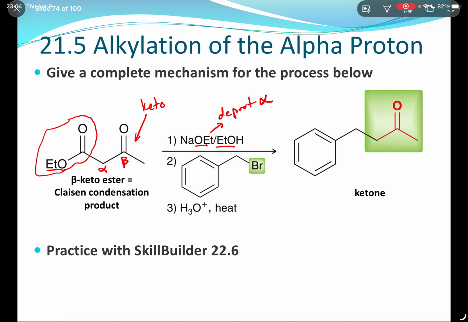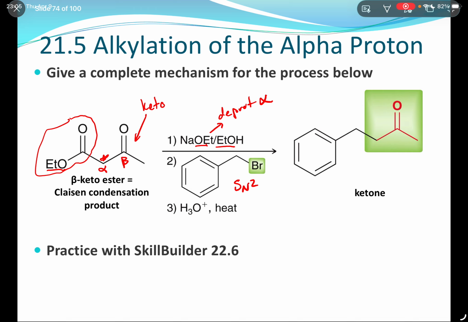Once we have the deprotonated alpha position, that's going to act as a good nucleophile and attack our primary alkyl halide via an SN2 mechanism. That's how we connect our benzyl group onto the alpha position of our beta-keto ester. So that's the alkylation part of this reaction.